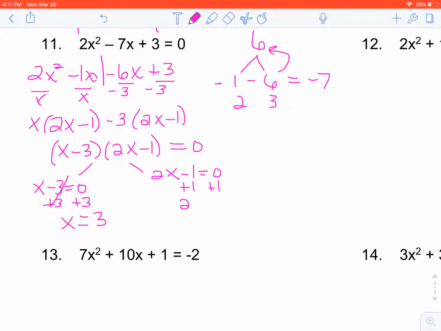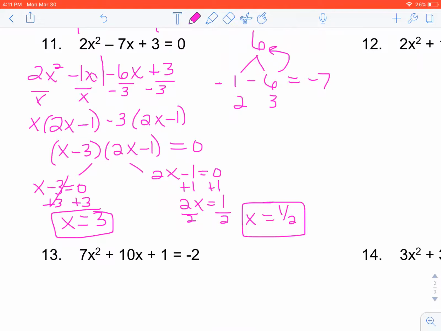Our goal is to get x by itself. And then I still need to get x by itself, so in this case, we have to divide by 2. So we have x equals 1 divided by 2. Keep those answers as fractions. Now we got 2 of them. So we solved. Solving means find an answer for x.